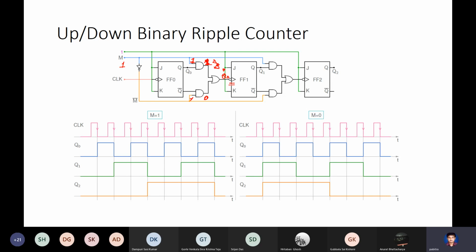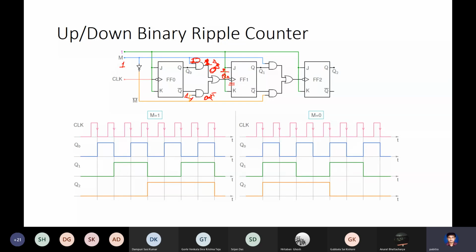Now if M is 0, then this is 0. This is a forcing input. So this is 0. And M bar is 1, so this is Q0 bar. And Q0 bar AND 1 is Q0 bar itself. So I am getting a Q0 bar.